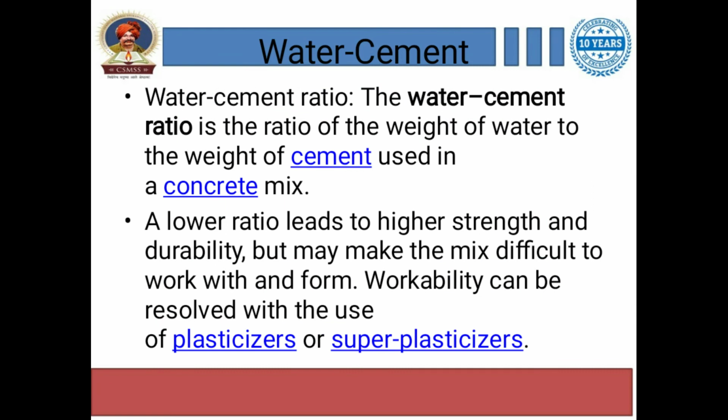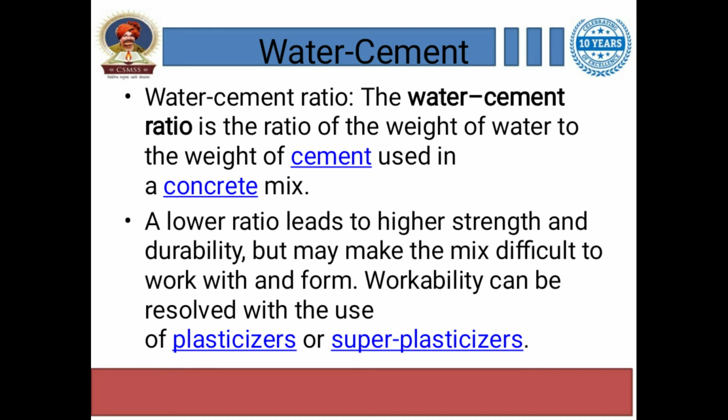Then water cement ratio. We also add water in concrete for proper mixing and workability. For the workability and proper mixing, there should be a definite or defined amount of water added in the concrete mix, which is also specified in IS code 456, right?